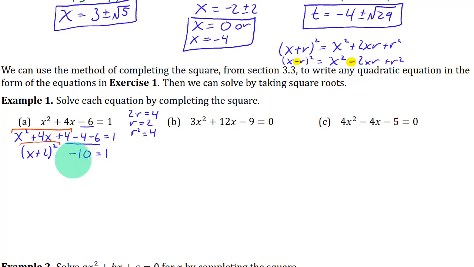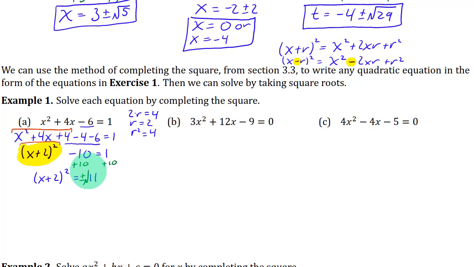So now we have an equation just like in exercise 1, where the x only shows up inside of this thing being squared. So you can isolate that part and then cancel that out with a square root. I'm just going to add the 10 to both sides. That'll give you x plus 2 quantity squared equals 11. And from there you can just take square roots of both sides.